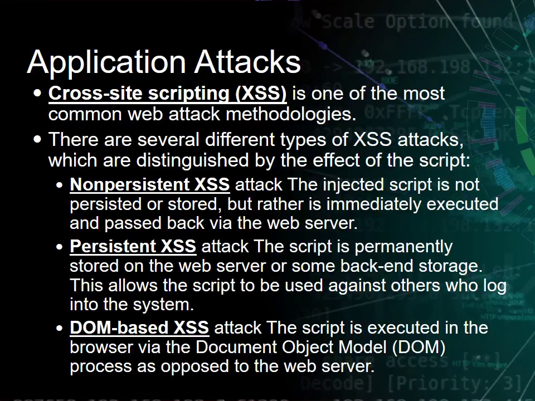This allows the script to be used against others who log into the system. DOM-based cross-site scripting attacks: the script is executed in the browser via the Document Object Model (DOM) process as opposed to the web server. Cross-site scripting attacks can result in a wide range of consequences, and in some cases, the list can be anything that a clever scripter can devise.